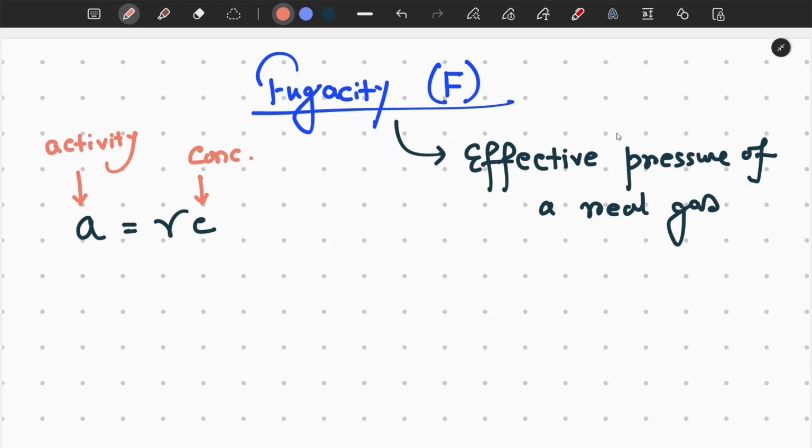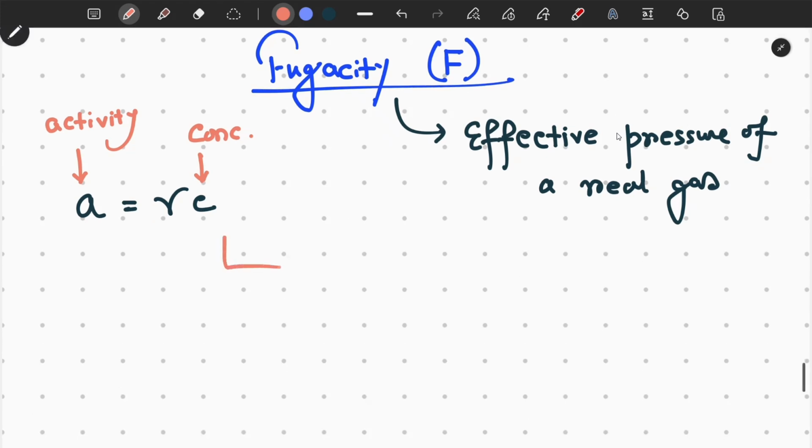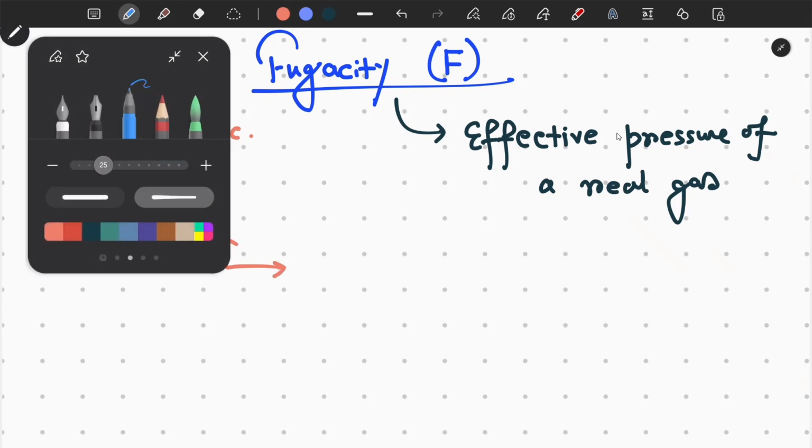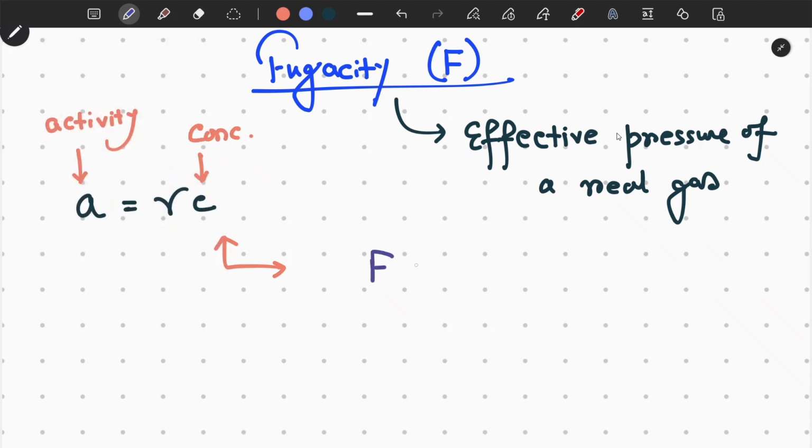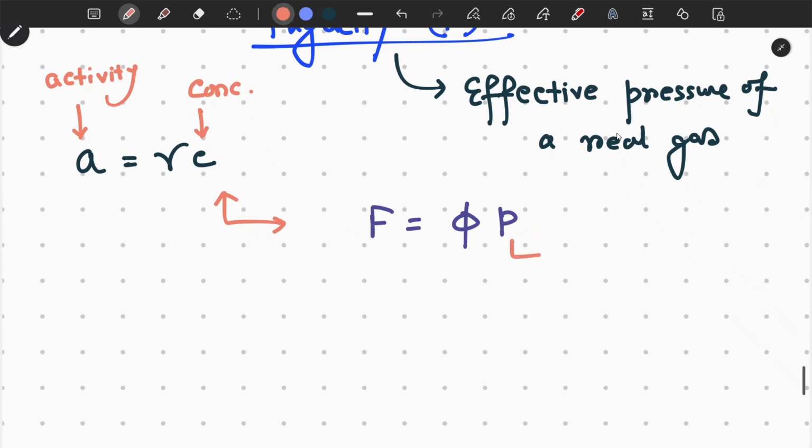Here also, similarly, for an ideal gas PV equals nRT, but for a real gas, you have to consider the fugacity instead of P. Fugacity is the real pressure. This idea also came from there. Fugacity is phi times P. Here P is our pressure, this is our fugacity, and this is the fugacity coefficient.